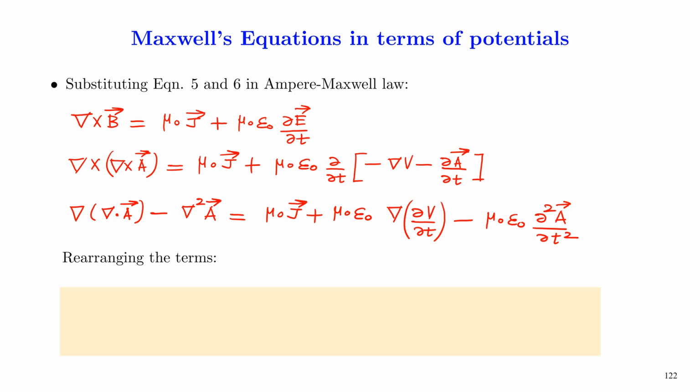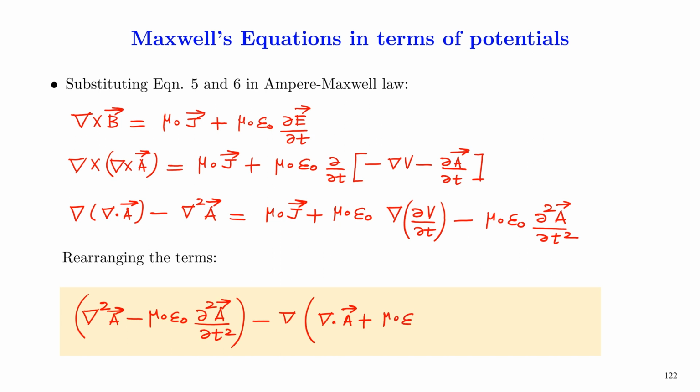Let's rearrange the terms so that the final equation reads del square A minus mu 0 epsilon 0 dou square A over dou T square. Let it be the first term, and the second term is negative of del of del dot A plus mu 0 epsilon 0 dou V over dou T, which is equal to negative of mu 0 J.